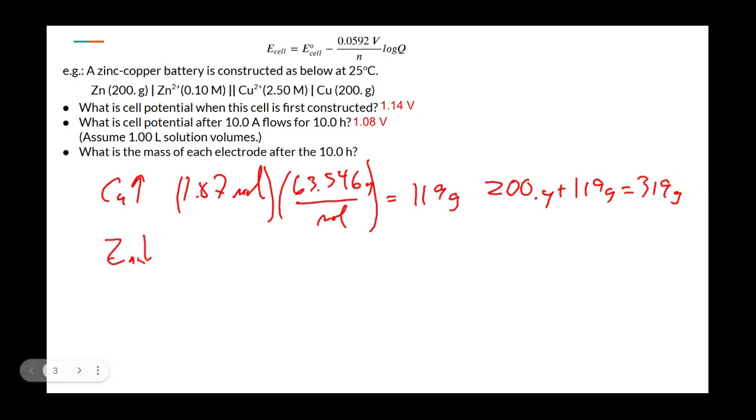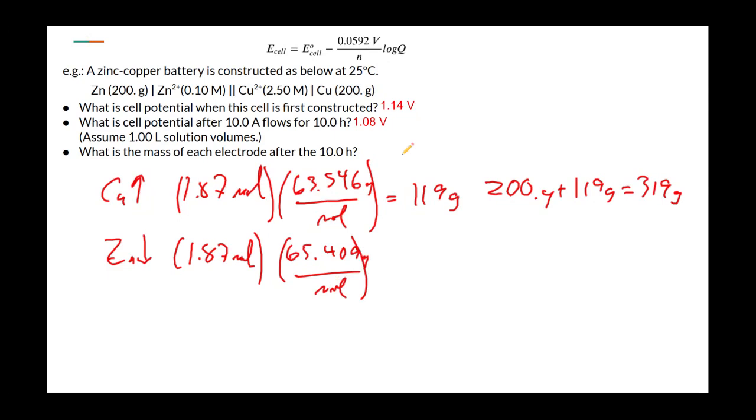Zinc, because it's being oxidized, is going down in mass by 1.87 moles times the molar mass of zinc, which is 65.409 grams per mole. That's 122 grams. So the final mass here is 200 grams minus 122 grams, and that ends up being 78 grams.